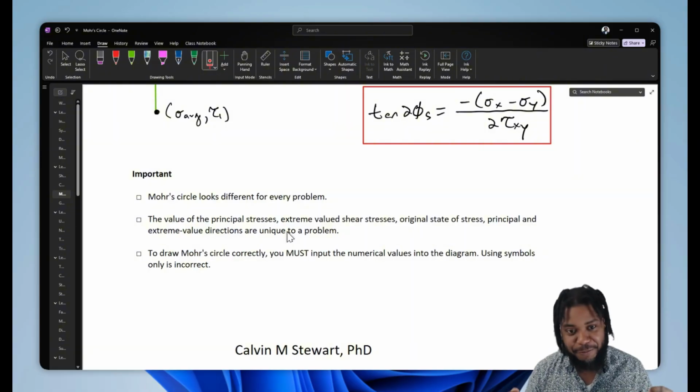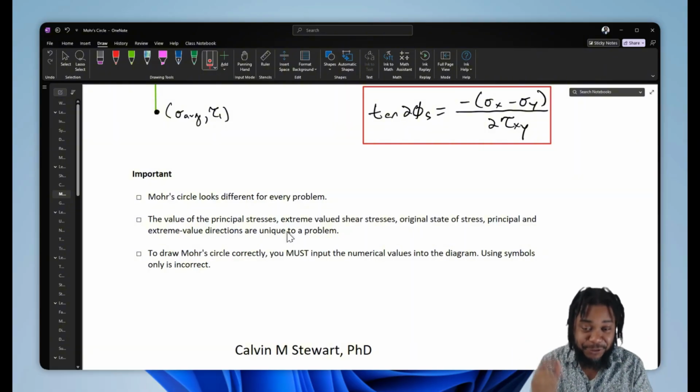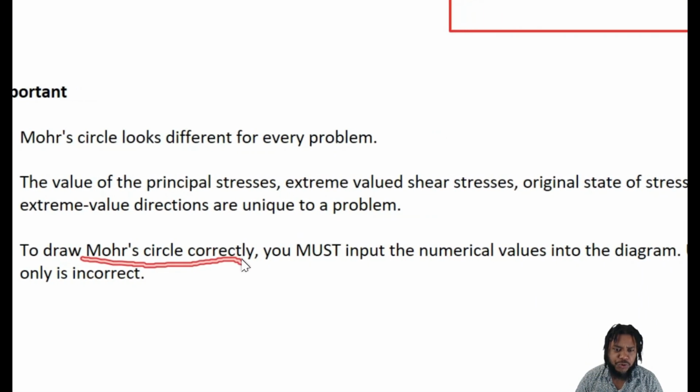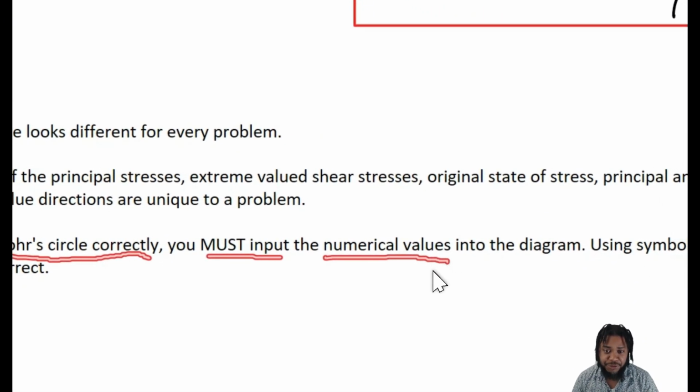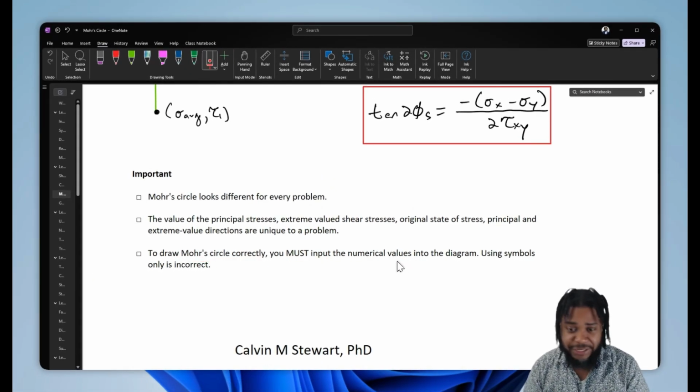So we actually have to go through the steps to build a Mohr circle specific for our problem. And then finally, to draw a Mohr circle correctly, we must actually input the numerical values into our diagram. So we actually have to solve these equations. What is sigma 1? It is equal to a number.